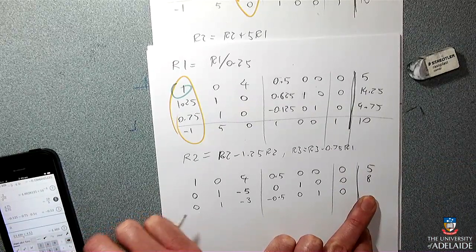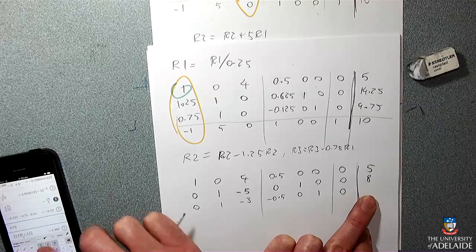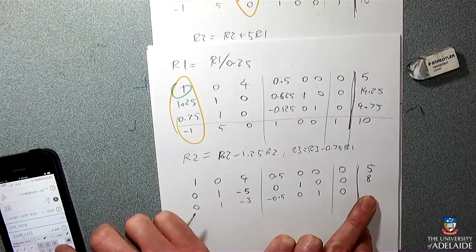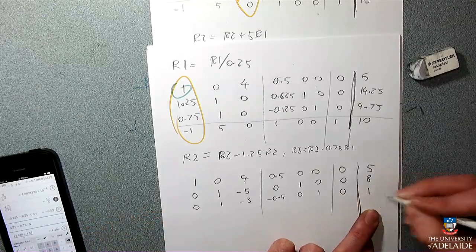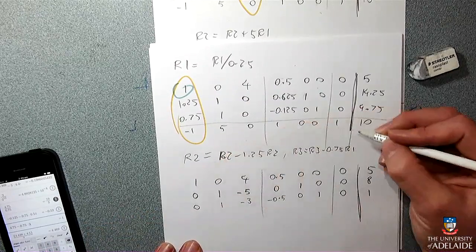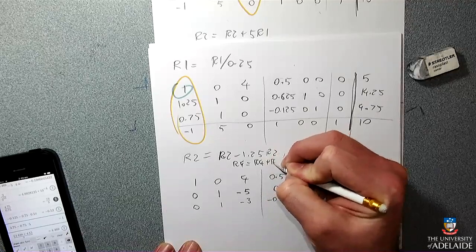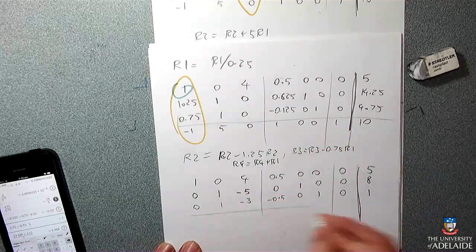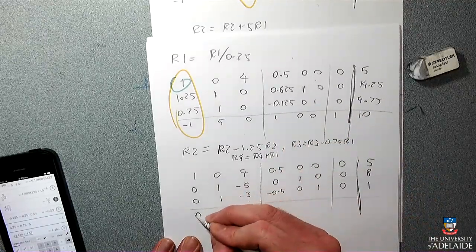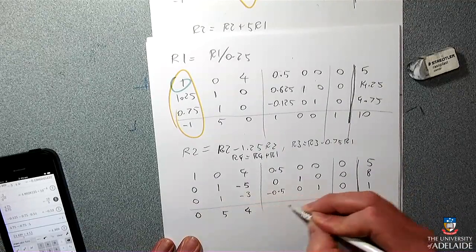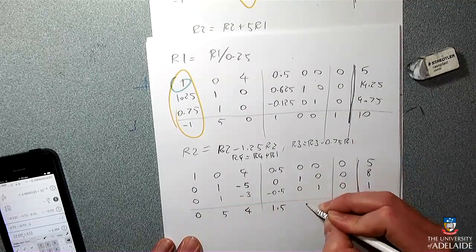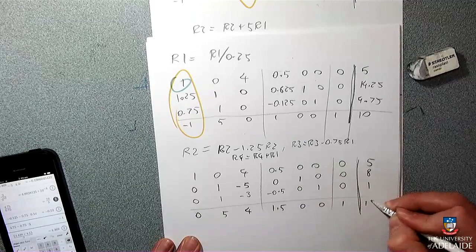Zero point 4.75, 1. And also row 4 is row 4 plus row 1, which is 0, 5, 4, 1.5, 0, 0, 1, 15.